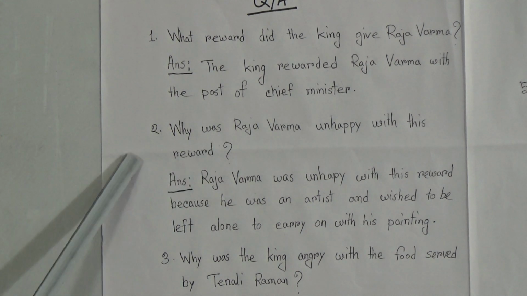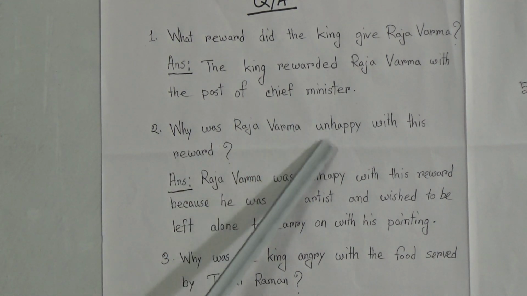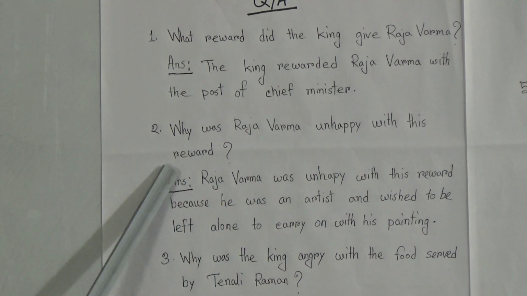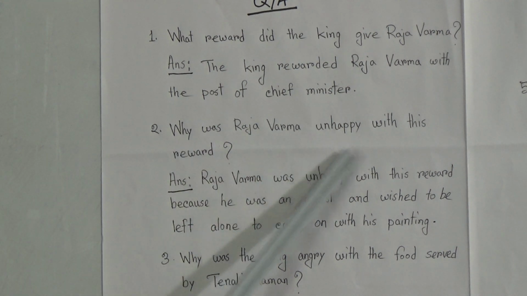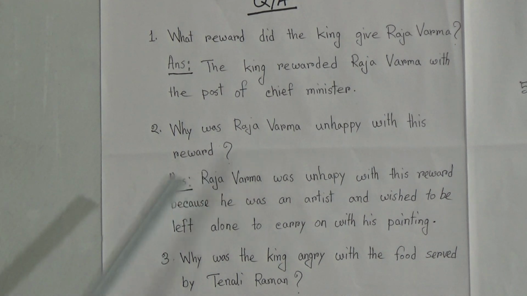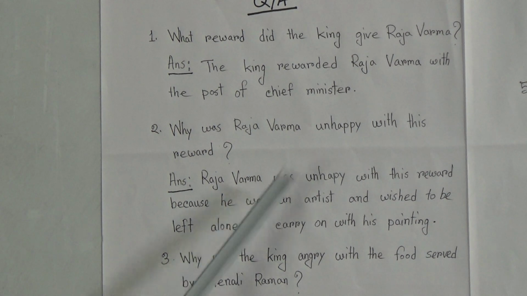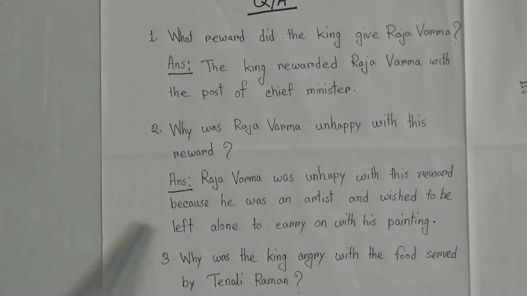Number 2, why was Raja Varma unhappy with this reward? Let's see the answer first. Raja Varma was unhappy with this reward because he was an artist and wished to be left alone to carry on with his painting. Raja Varma was only a painter, and he was a shy person. He did not want to be involved in other things.